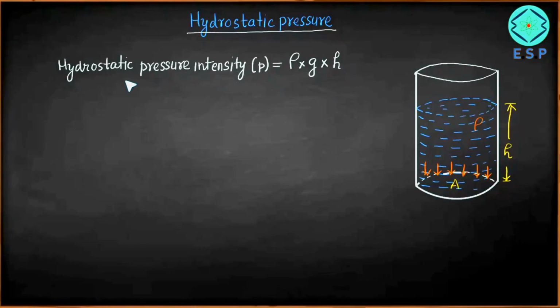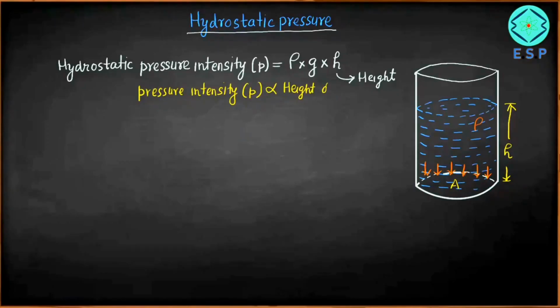It is clear from this expression that the pressure intensity depends on the height of the liquid column or fluid level. This height is called head. So we can conclude that the hydrostatic pressure intensity P depends on the height of the liquid level, or fluid level.